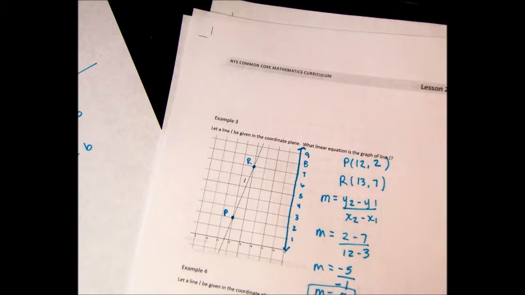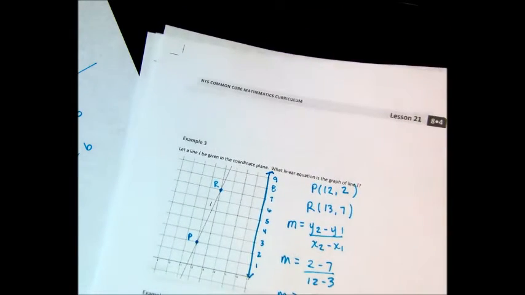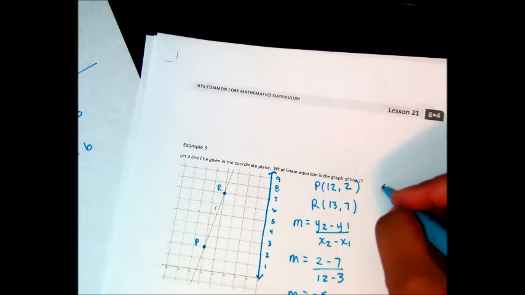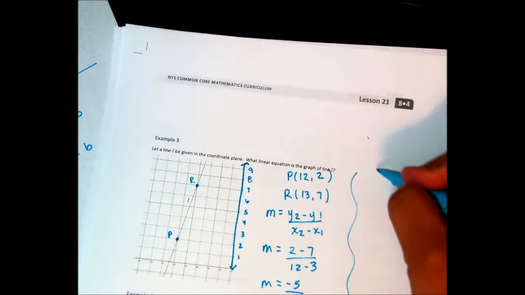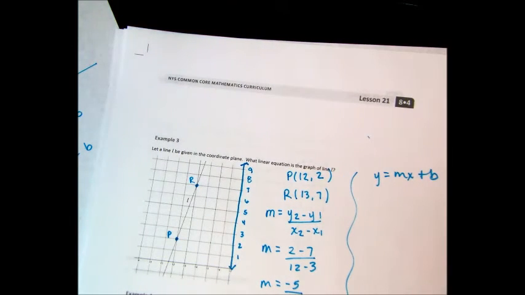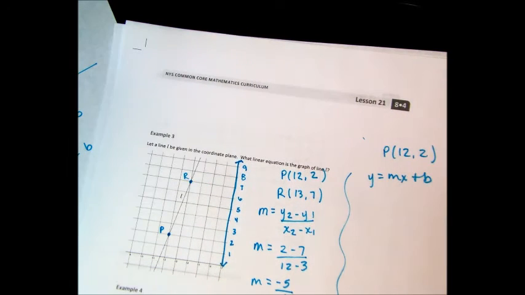Now I want to determine the y-intercept point of the line and write the equation in slope-intercept form. Which point do you want to use to determine the y-intercept or the b? You can use either point. I'm going to use P just because it's at the top. All right, so I'm going to give myself a little divider, and I'm going to start with the given equation, and I'm doing some substitution, and I'm going to write P above it, 12 and 2.